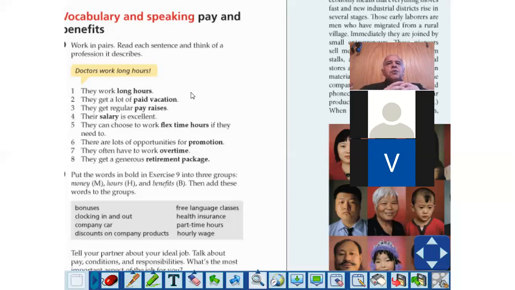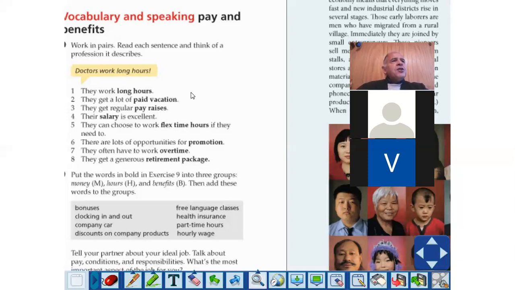So you decide to work maybe in the morning, maybe in the afternoon, maybe at night. So your hours of work are flexible. For example, for women, it's very good to have flex time hours because they can take care of their children in the morning. So maybe they prefer to work in the afternoon. So that is flex time hours.